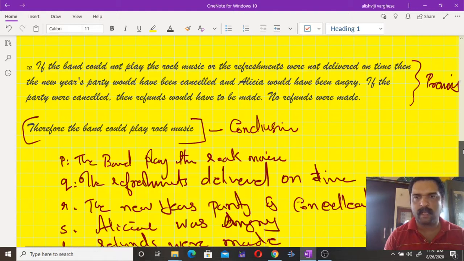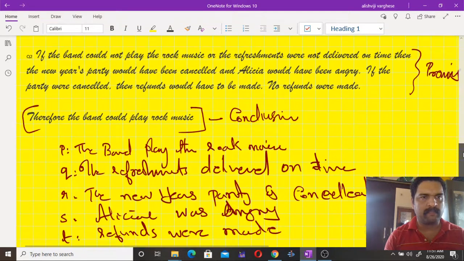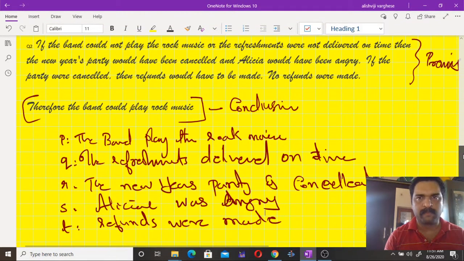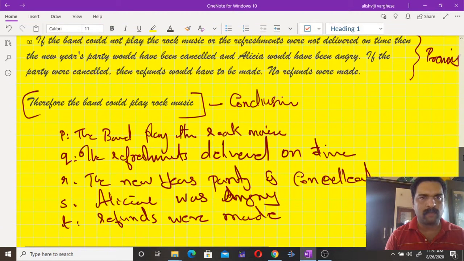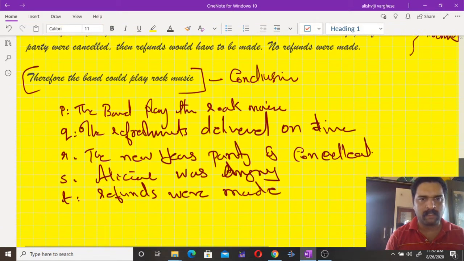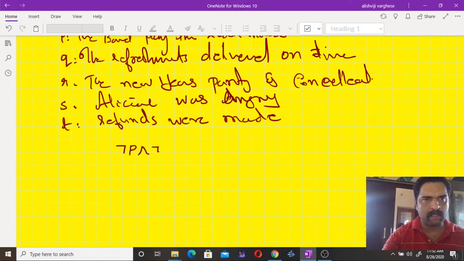We have to rewrite the premises in terms of the primitive statements. The first one: if the band could not play the rock music, that is negation P, and if the refreshments did not arrive in time, then two things happen.